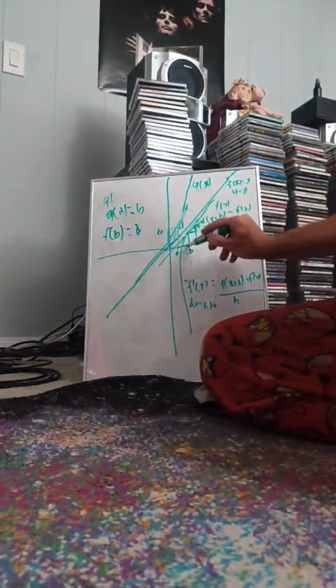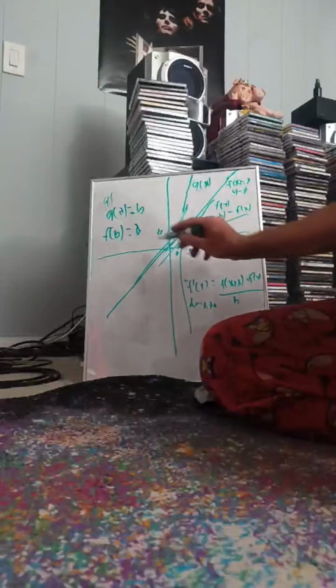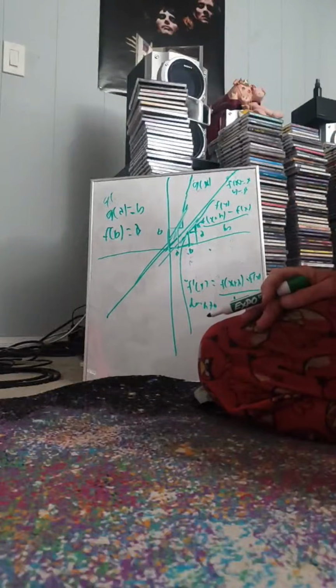This is f of b, which is equal to a, and g of a is equal to b.